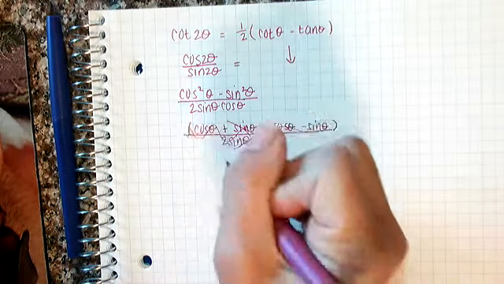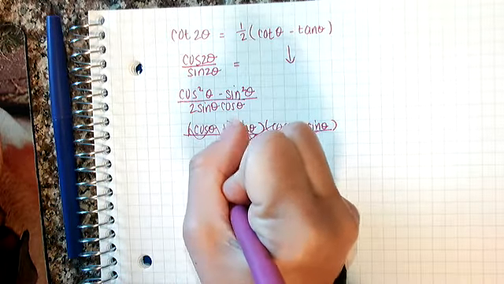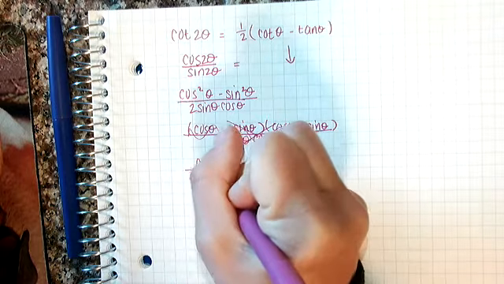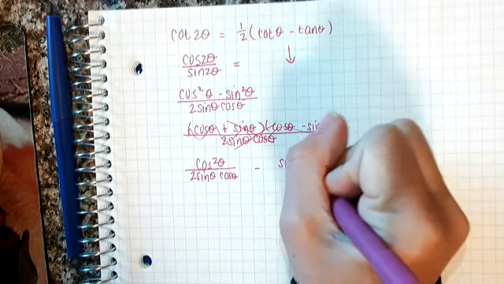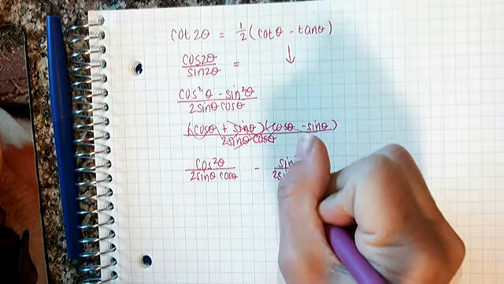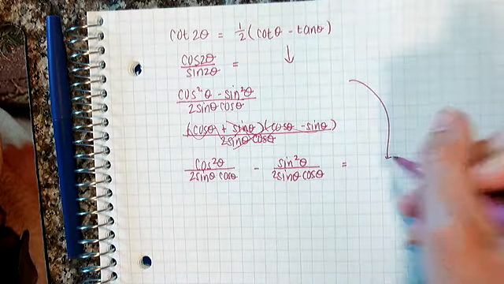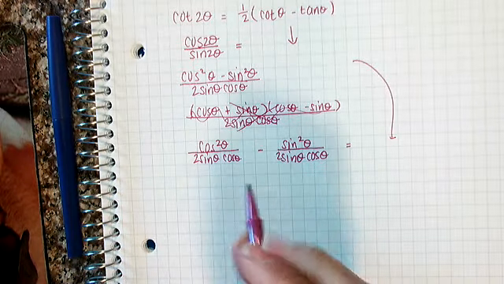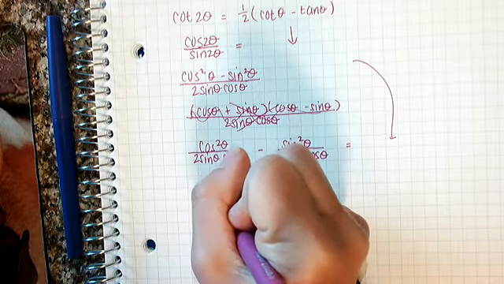I'm going to separate this as cosine squared over 2 sine cosine minus sine squared over 2 sine cosine. I'm liking this better. Okay, so I can reduce this. This becomes cosine over 2 sine.